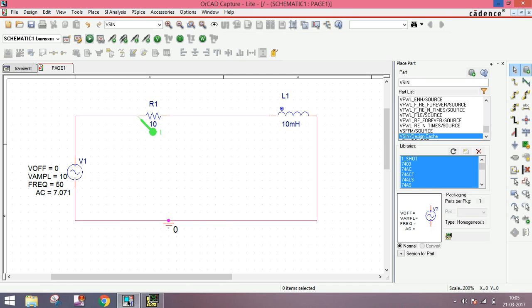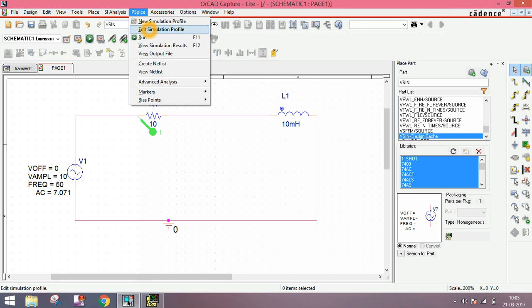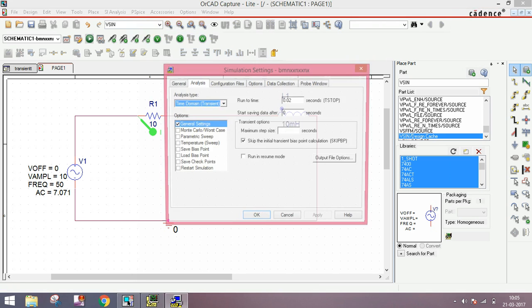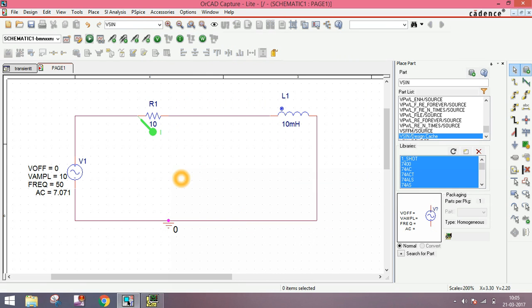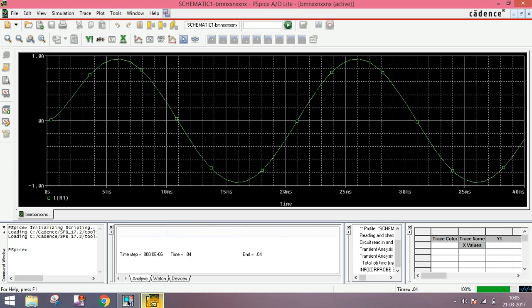This is the current output in your circuit. Now if you want to see more than one cycle, simply edit simulation profile and set 0.4, then you can see 2 cycles, and simply run again. You can see 2 cycles. In that way you have to set runtime, that's okay.